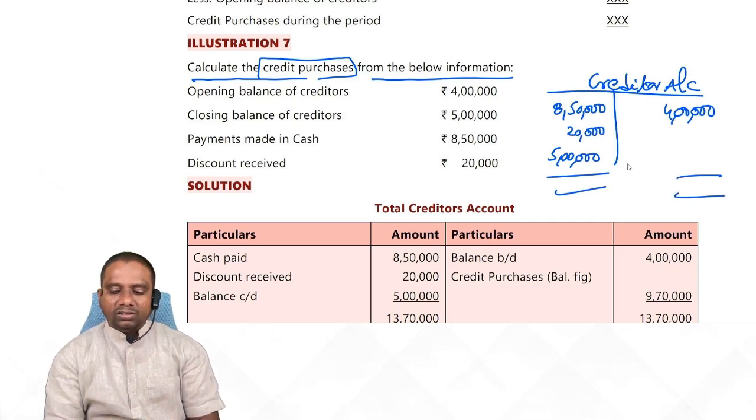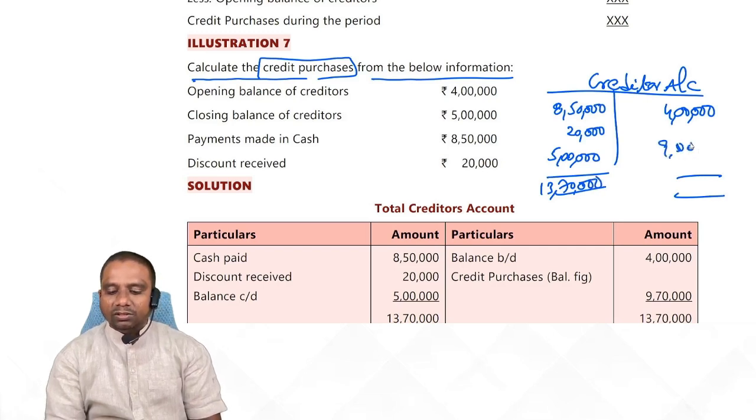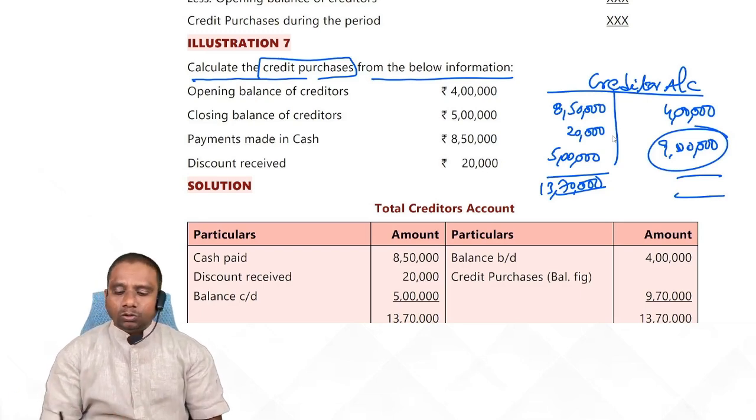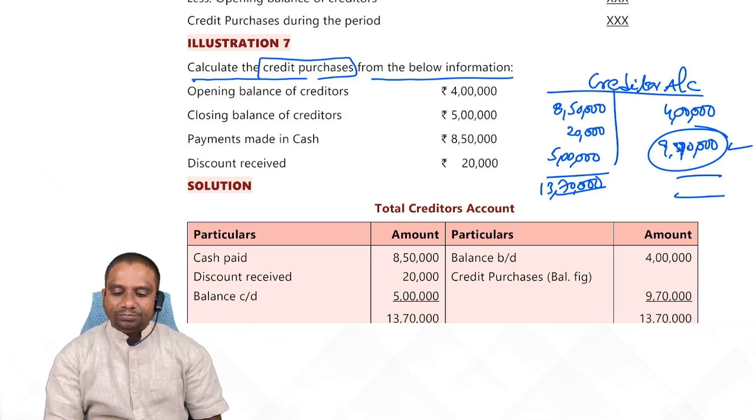Now look at the balance: 8 lakh, 5 lakh, 13 lakh, 13 lakh 70,000 minus 4 lakhs. The difference is 9 lakh 70,000. The balancing figure in the creditors account, in most cases, will be credit purchases. Yes or no, students? Is it clear?